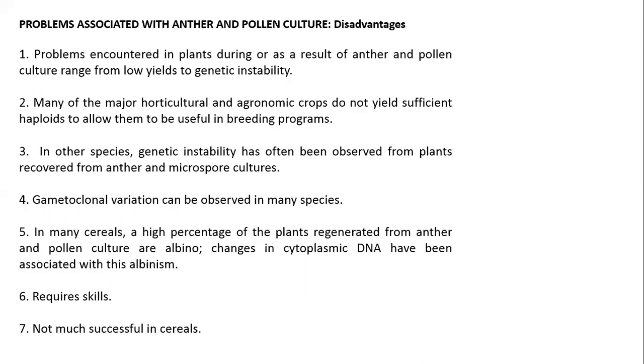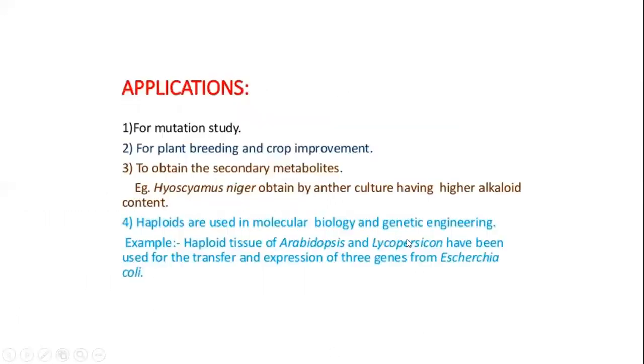It requires skillful technique, so a very skilled person is needed to culture anther and pollen. It is not very successful in the case of cereals. Only in diploid plants is it successful.